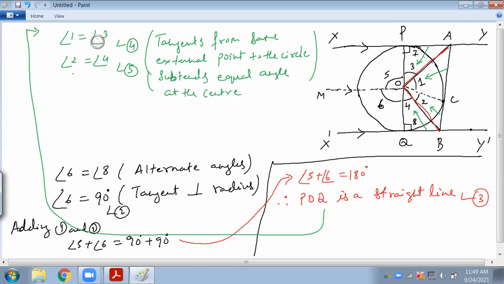Therefore, 1 and 3 will be equal, and 2 and 4 will be equal. Both the tangents will subtend equal angle at the center.